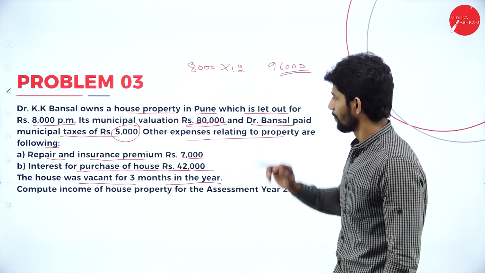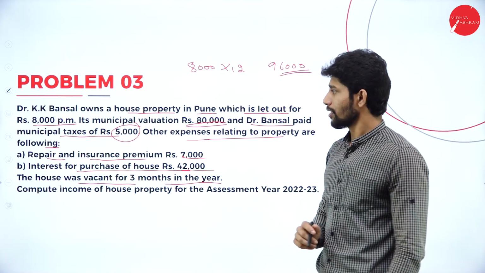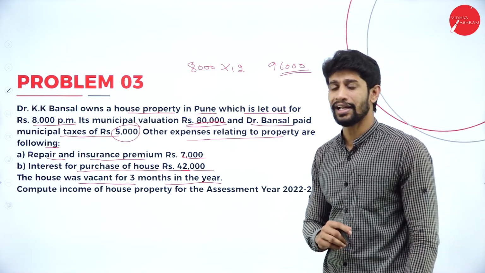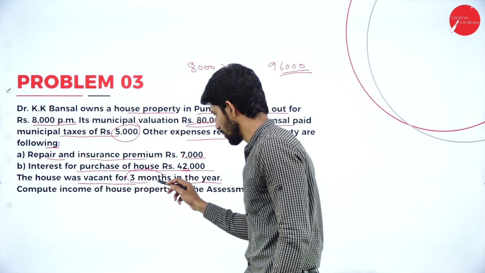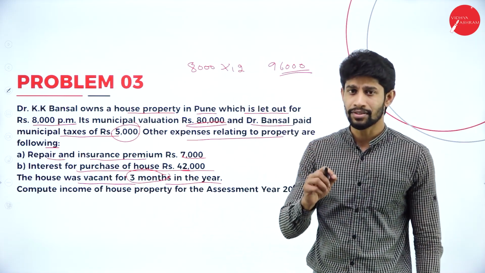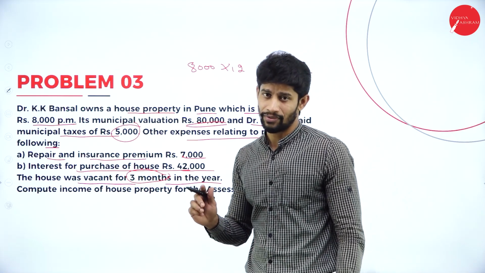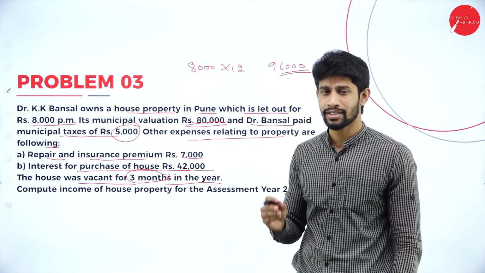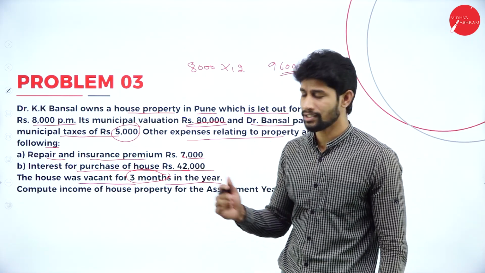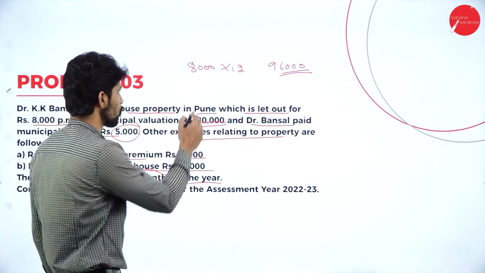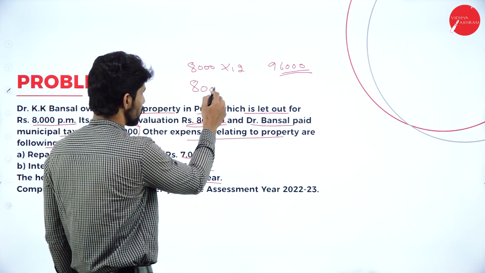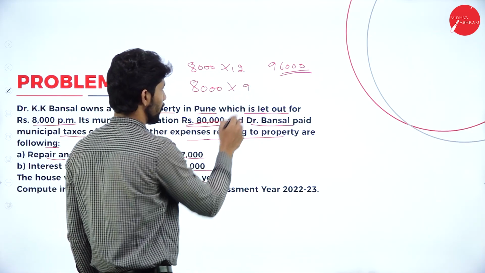Okay, so now here the house is let out for 8,000 rupees per month and it is vacant for 3 months. That means 3 months there was no tenant. Okay, only it is let out for 9 months. For the remaining 3 months, no tenant. So now what is the total rent received in that particular year? So 8,000 per month into 9 months.